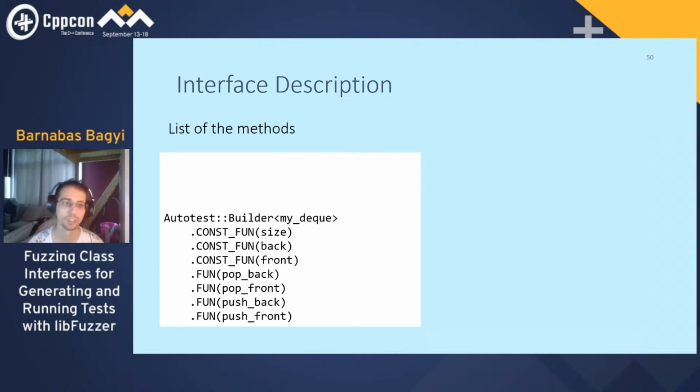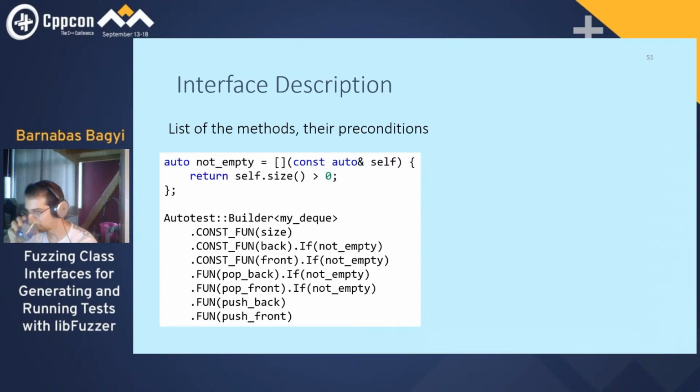But does it actually convey all the information that we need? Of course, it shows us that we have size, which is a constant function. We have pop_back, which is not a constant function, but this is not enough, right? We have to be able to define the preconditions. Otherwise, how should we know which one we can call with an empty container? And here, what we can do is that we can define a lambda, which signifies that the object is not empty, right?